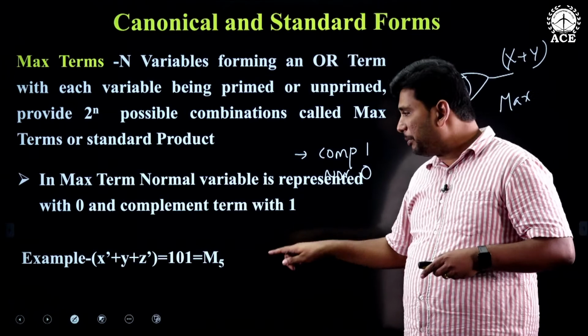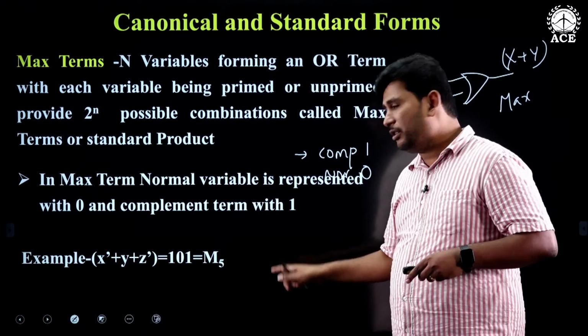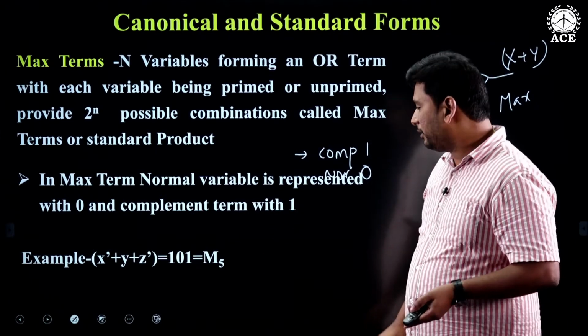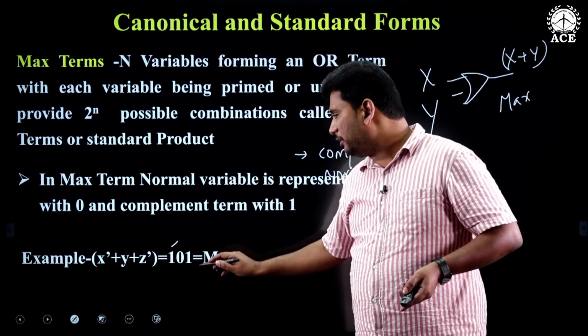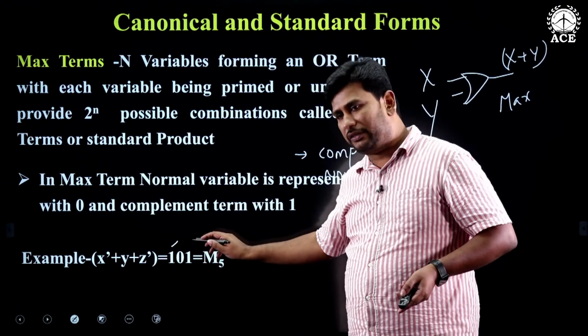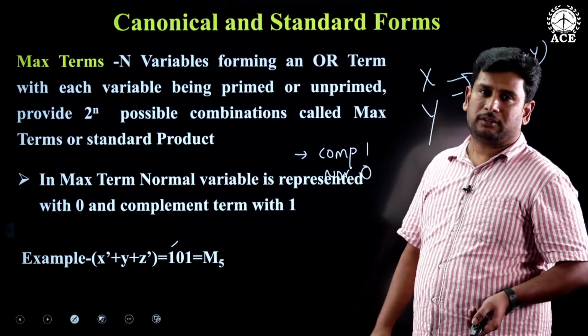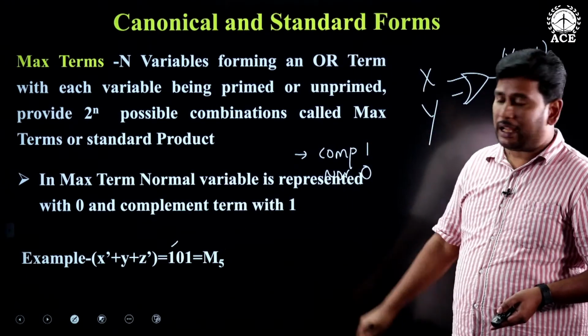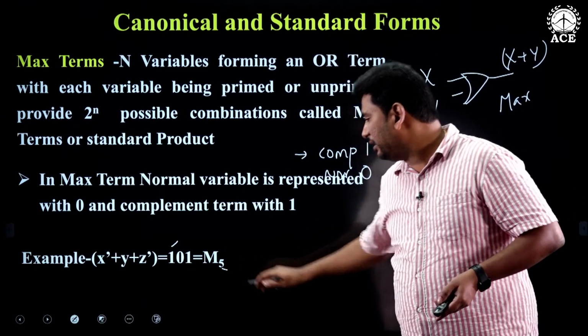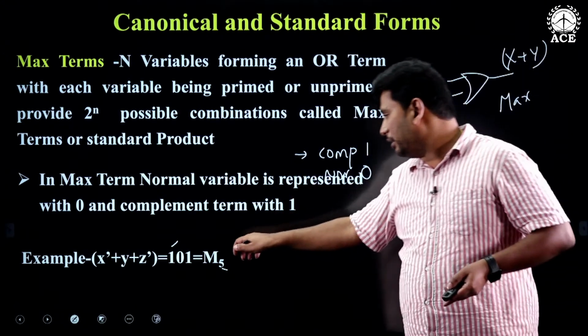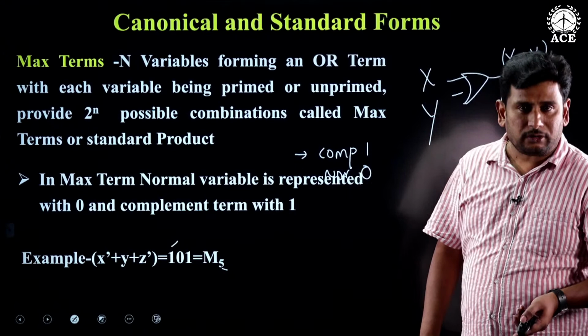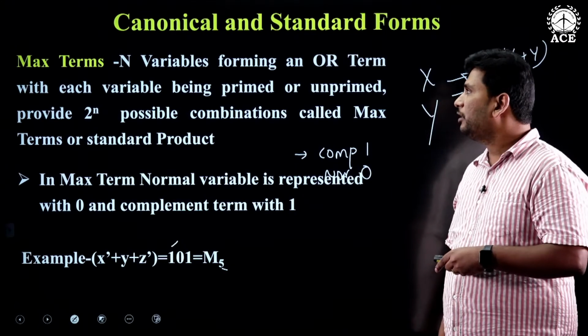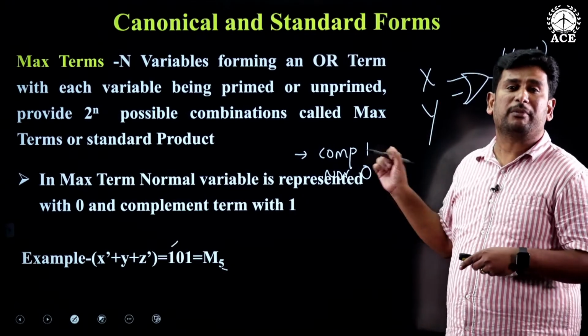Here x complement OR y OR z complement is indicated as 1, 0, 1. Maximum terms are indicated with a capital letter M, and the subscript indicates the decimal equivalent of those bits 1, 0, 1. This is canonical forms, minimum terms and maximum terms.